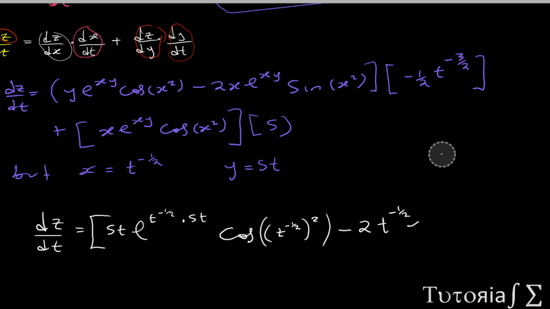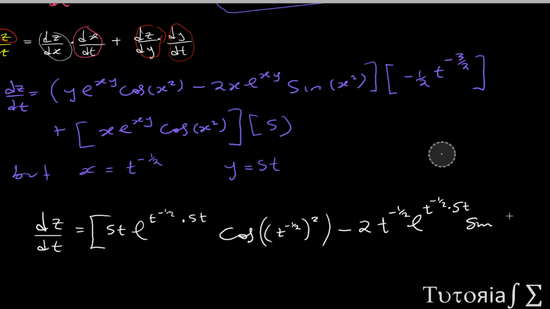Then e raised to the power xy. So x times y, x is t to the negative half, times y, which is st. Then sine of x squared.